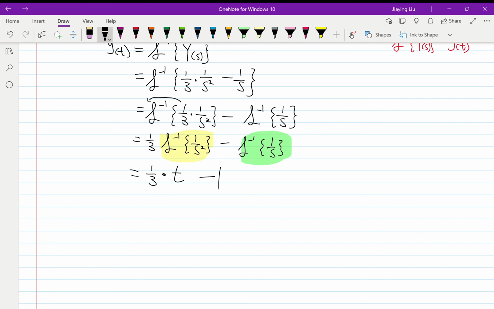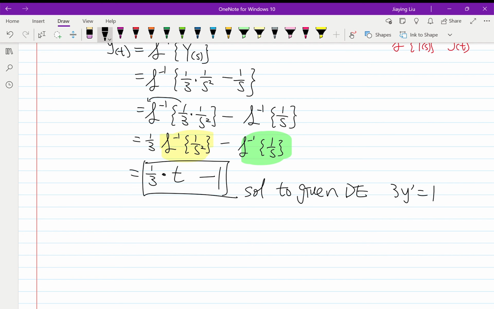And this is the solution to the given differential equation, 3y prime equals 1 with the initial condition. So we don't have to plug in the initial condition because we already did that when we did the Laplace transform.